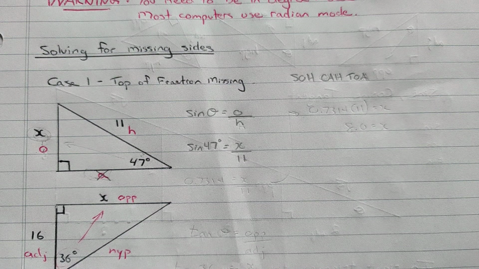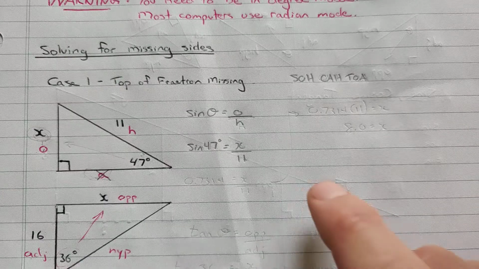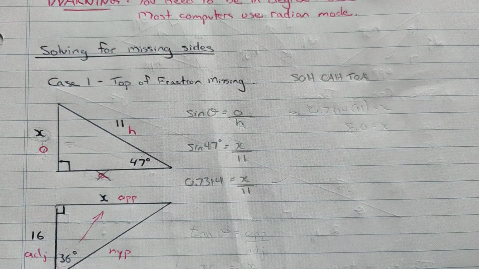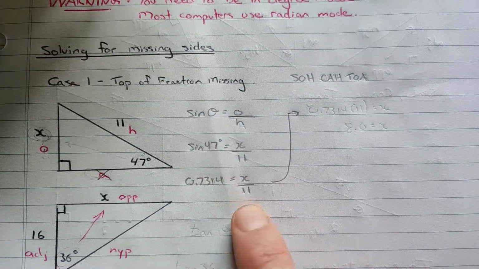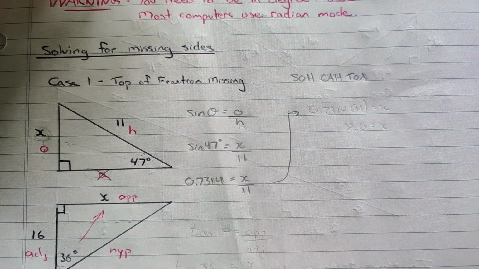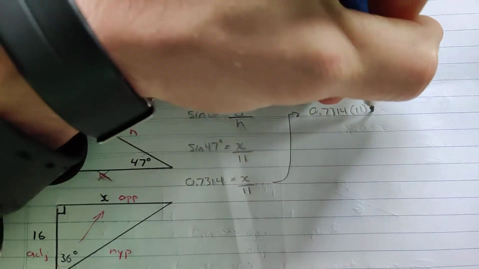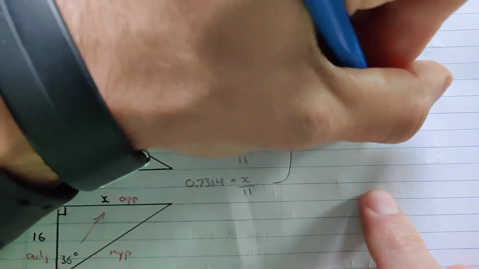Then what I do is I either type in sine 47 in my calculator, or I pull out my sheet and I look up 47 and get the matching sine, which is 0.7314. 0.7314 equals X over 11. And now the last step is just simplifying that, or calculating that ratio, by multiplying the 11 by the 0.7314. And when I multiply that out, I get about 8.0.